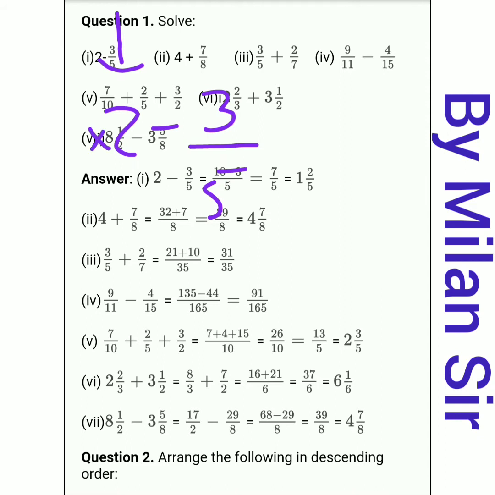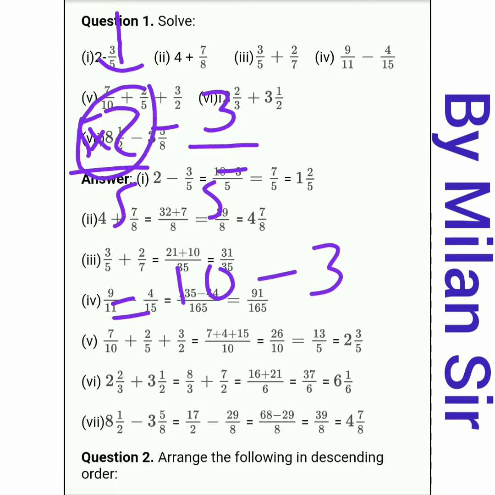We need to multiply and divide by 5. Now in both terms we have denominator 5, so we can directly simplify the numerator. 5 twos are 10, then minus sign and 3, and the denominator is 5. Now 10 minus 3 is 7, so 7 upon 5.